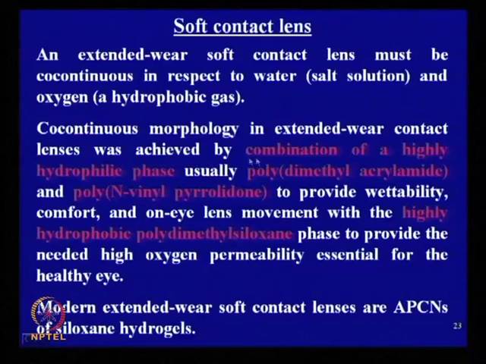was achieved by a combination of a highly hydrophilic phase, say for example, polydimethyl acrylamide. Acrylamide, you know, polyacrylamide, you know, dimethyl acrylamide means where the methyl groups are there on the nitrogen atom.